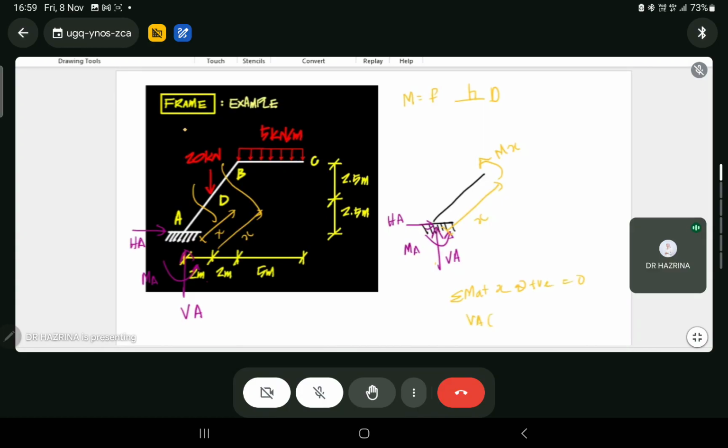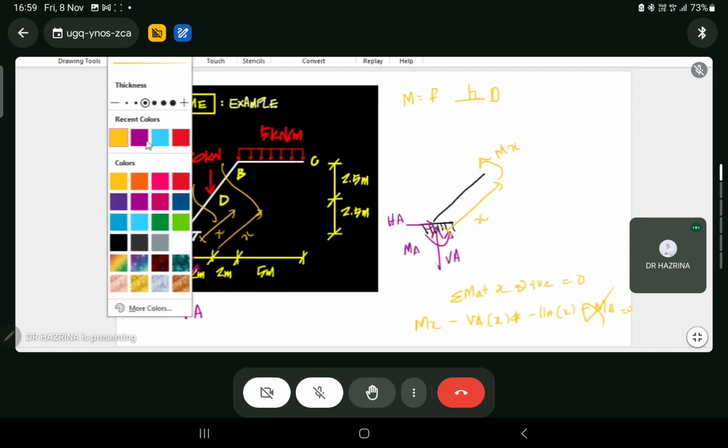Kalau you buat VA darab X, HA plus, ikut jam lawan jam, minus HA darab X, and then lawan jam MA, and then lawan jam minus MX equals to 0. Ini salah.